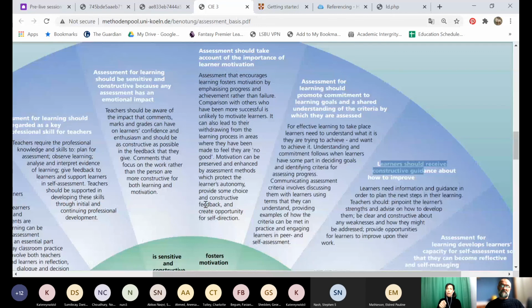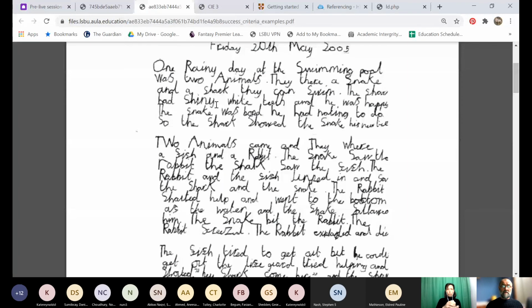And this talks about success criteria. So success criteria are a key tool that teachers use when giving feedback to pupils. The success criteria tells the pupils, this is what you need to do in order to succeed in this piece of work. This is what I'm looking for in your work. And if you do this, your piece of work has been successful.